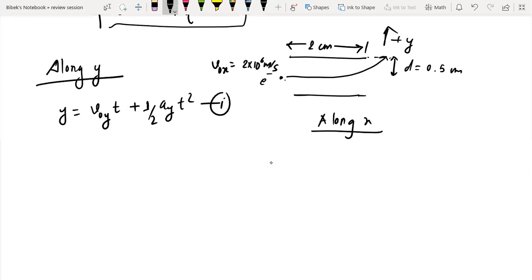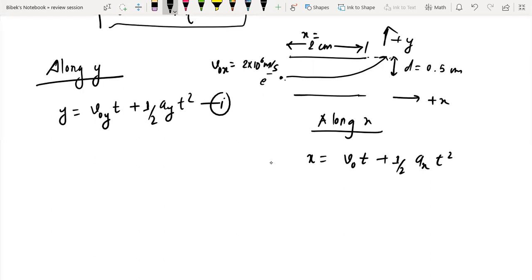So along x, your basic equation will be x, the distance traveled, equals initial velocity times t plus half a x t squared. This is a different acceleration, the acceleration in x, and since it's like a projectile, you don't have any forces acting in the x direction.